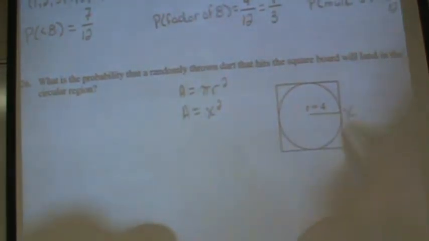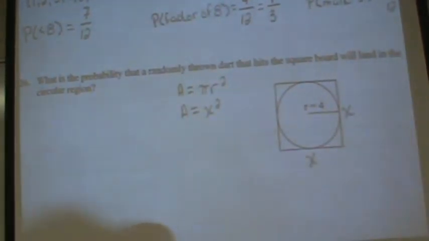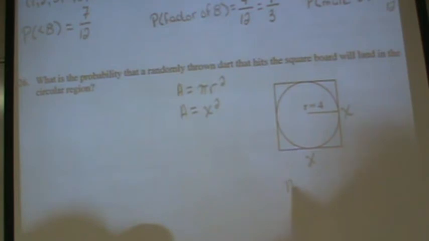We're going to label our sides of the square x. So we'll find the area of our circle, and that equals pi, and our r is 4, so pi times 4 squared. So this equals 16 pi.